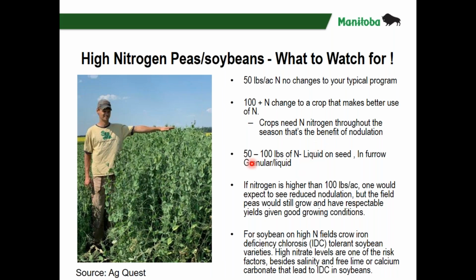If, however, your nitrogen level is 100 pounds, what would you expect to see? In peas and soybeans, you'd probably see reduced nodulation. But in the case of field peas, you'd probably still be okay. Your yields won't reach their full expectation. But if you had peas in the rotation, and it's a field that's well drained and very suited for pea production, even if you're above 100 pounds, the yields will still be very respectable.